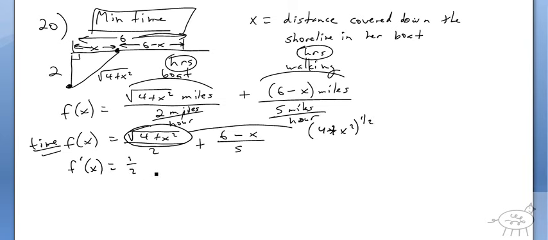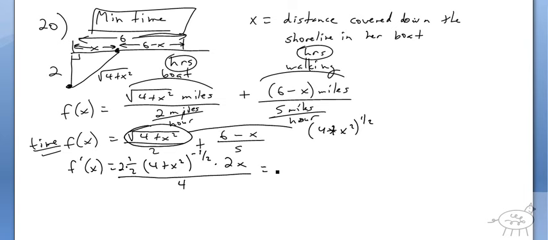We're going to say the bottom times the derivative of the top: 2 times 1/2 times 4 plus x squared to the negative 1/2, times the derivative of the inside, the chain rule, 2x, minus the top times the derivative of the bottom, which is 0, all over the bottom squared, which is 4.